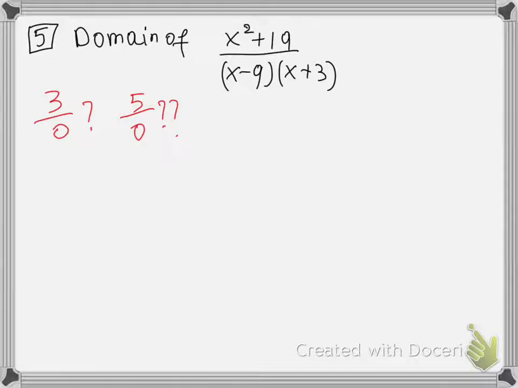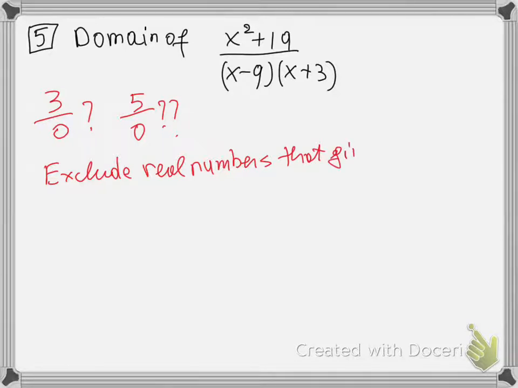So we're going to exclude real numbers that give a 0 in the denominator. So in order to do that, the first step is we're going to find those numbers that will make the denominator equal to 0.